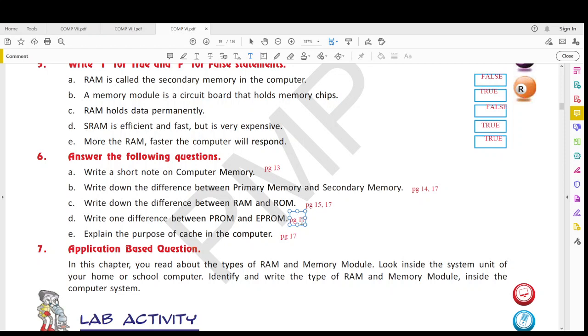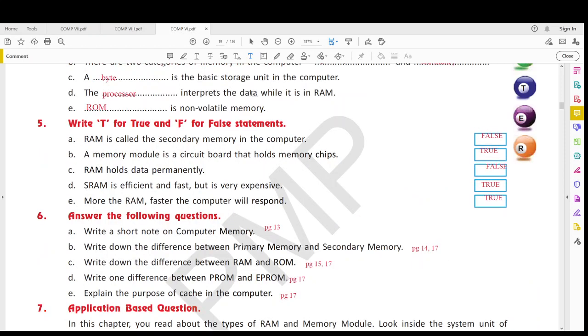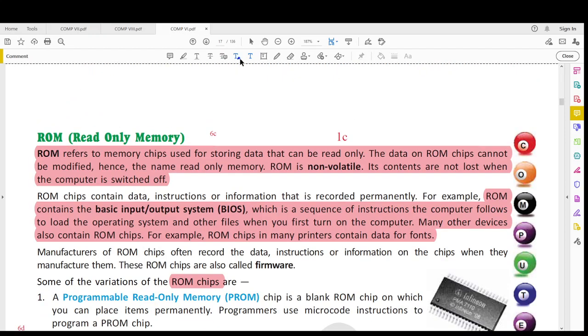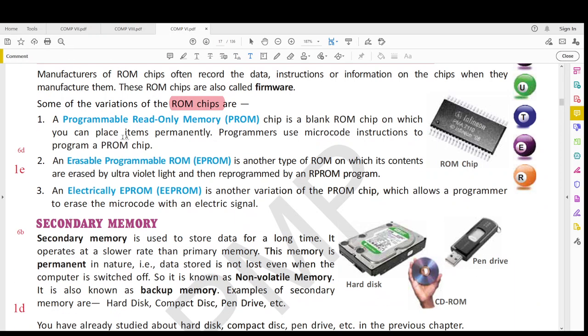Let's see what are the differences given. Page number 17. See, PROM is a blank chip on which you can place items permanently. Yes. Once you program, this permanently means once you program, you cannot reprogram. You can program it only once.